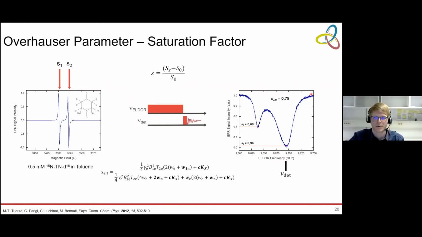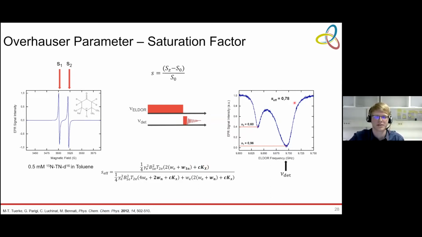And what we see is once we are on resonance with the first line, we will see an almost complete depletion of the signal intensity, which is a result of the long pulse, and we saturated the line completely. Then we will recover some of our signal, and then once we are on resonance with the second line, we again see a drop in intensity, and this drop is then caused from the crosstalk between the two lines.